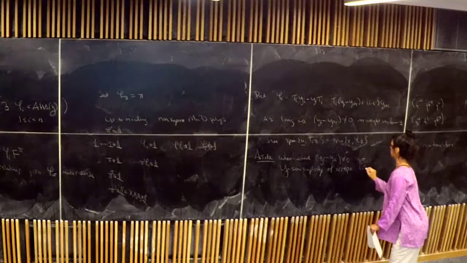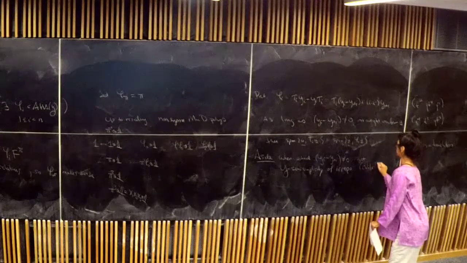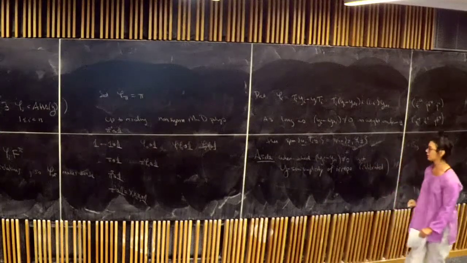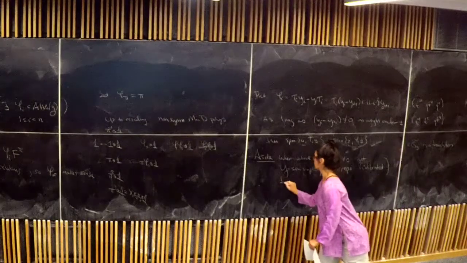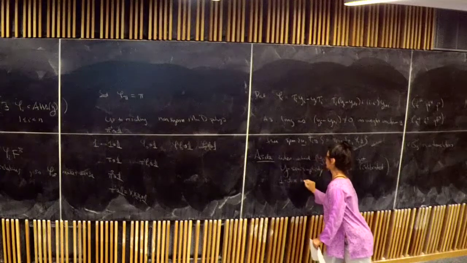And this y semi-simplicity or x semi-simplicity, Ram calls it calibrated, so there are papers that say calibrated are all about that. And you also get one-dimensional weight spaces for free.